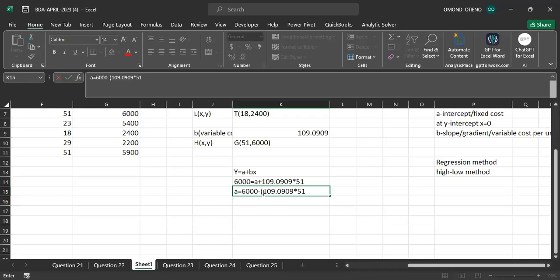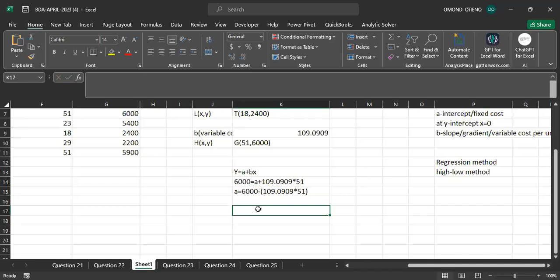When you work that out, what are we getting as the value of A? The value of A is 436.3641.